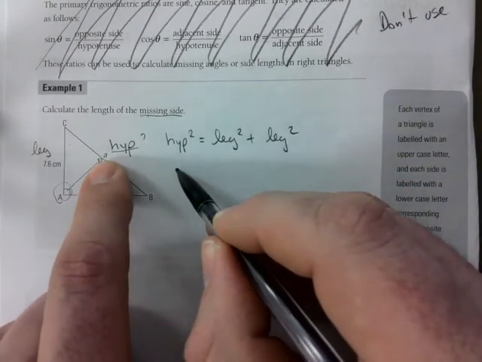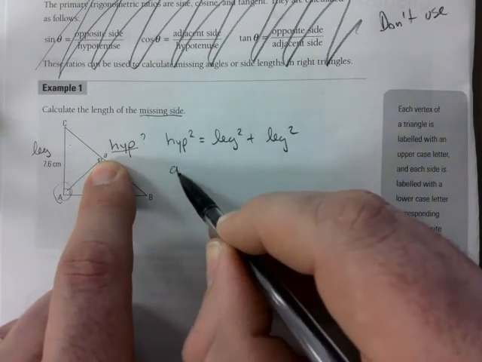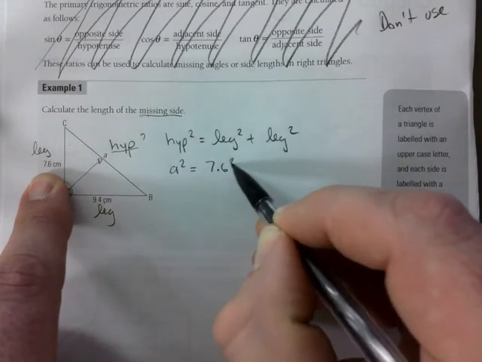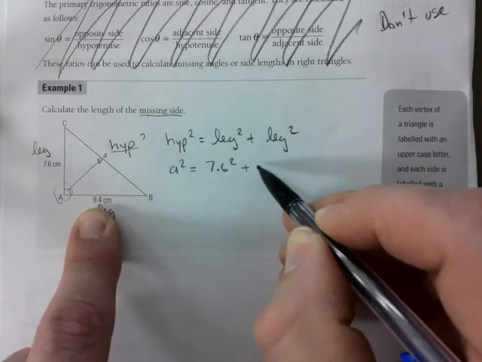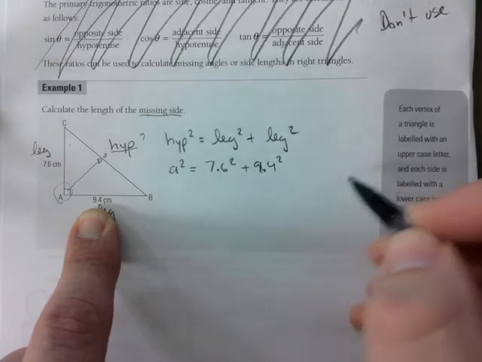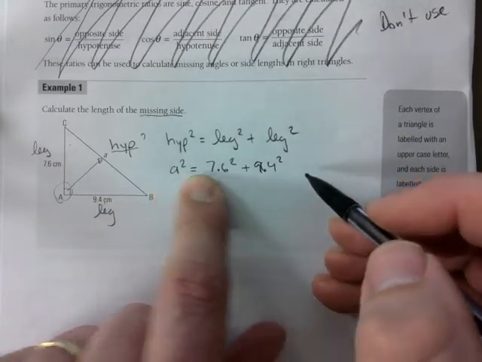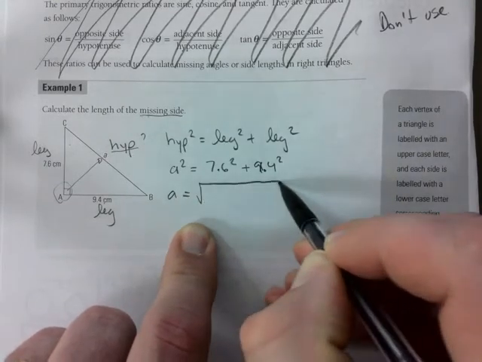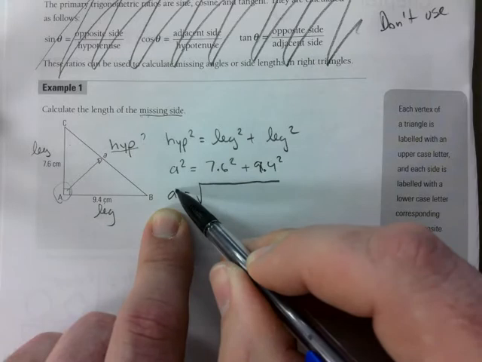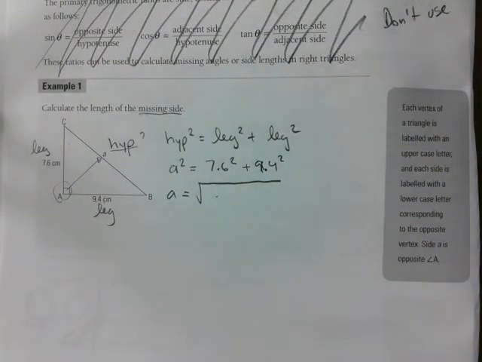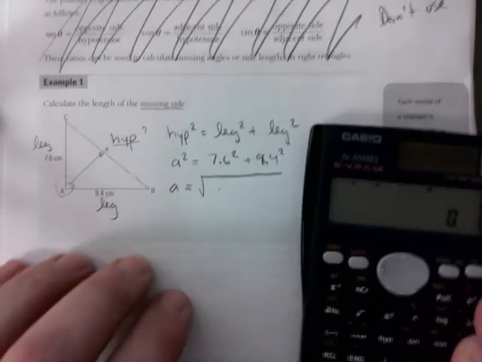So let's substitute. The hypotenuse happens to be called A. One of the legs is 7.6 squared. The other leg is 9.4 squared. Go ahead and type that in. So line 1, line 2 is, we're going to square root it. Notice that the square disappears because we're square rooting this side. So if you have a good calculator, if you don't have one, I have some up the front there, right? You know where they are.